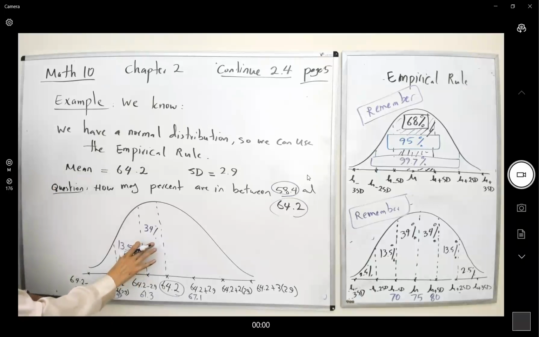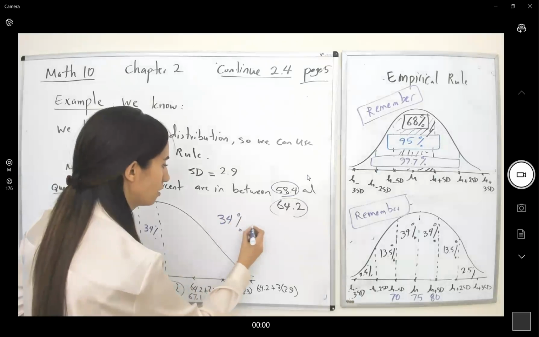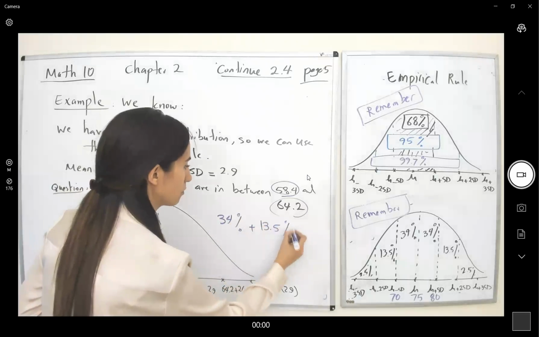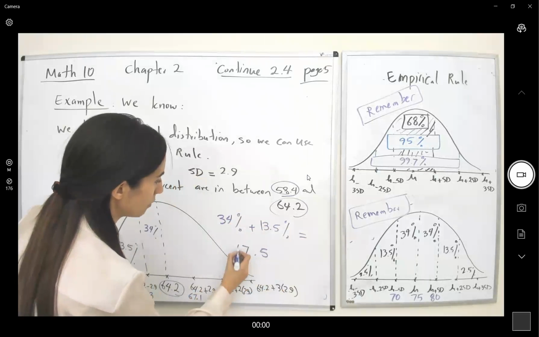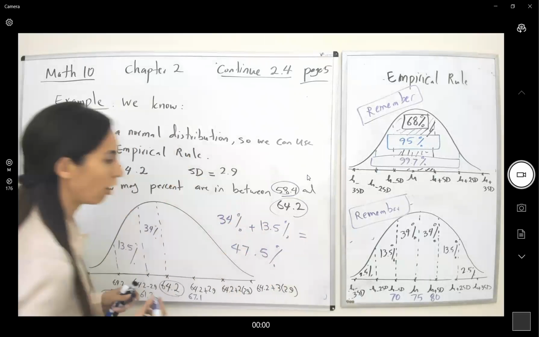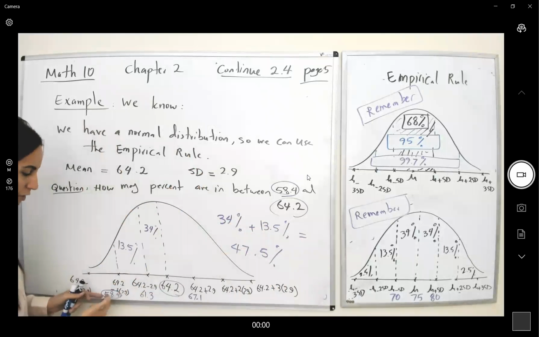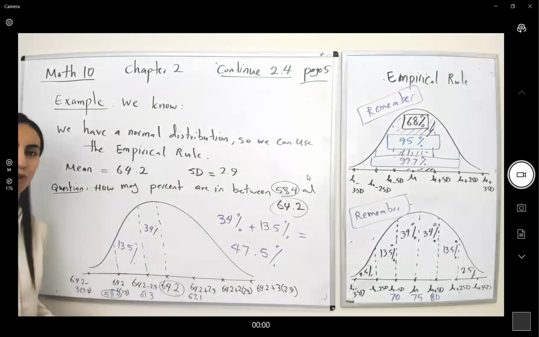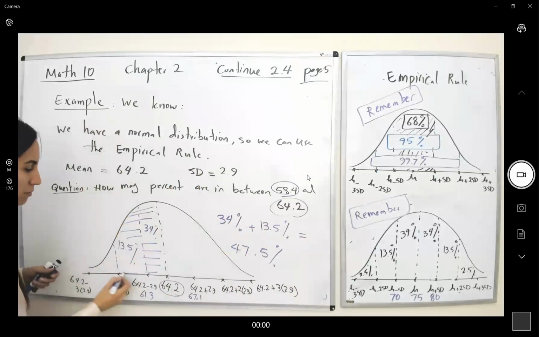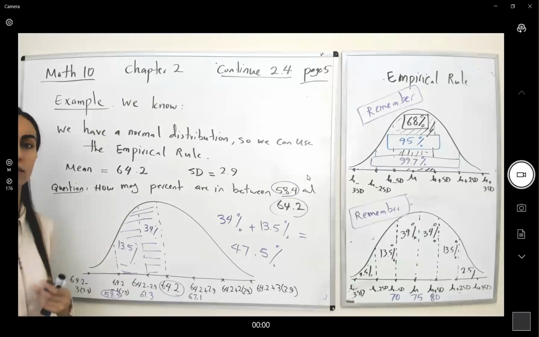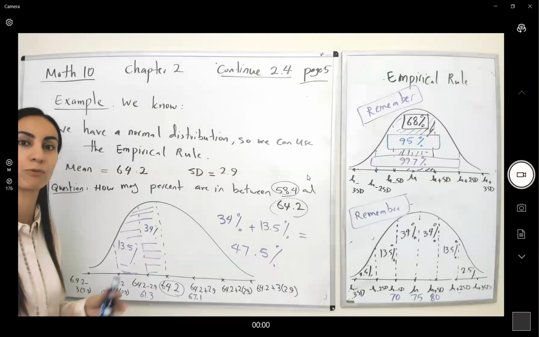So 34% plus 13.5% is actually 47.5% of all women have height between 58.4 inches and 64.2 inches. I only know the percentage. Unfortunately, I don't know how many, because I don't know how many people were in that sample.